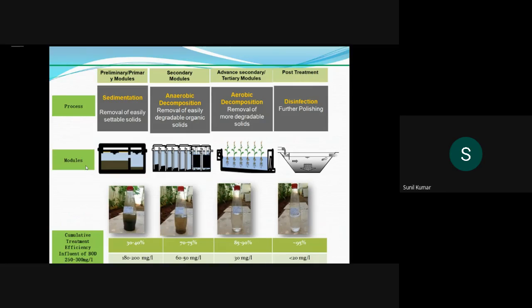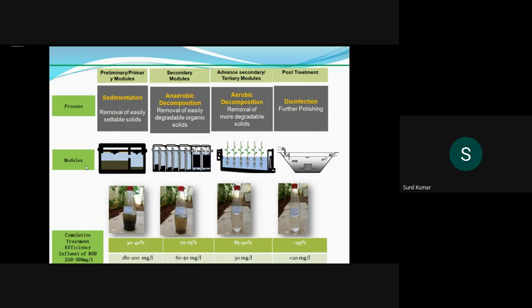Now, this is just a pictorial diagram to show. There will be sedimentation, thereby BOD will be removed up to 30 to 40%, and solids will also be removed. Then it goes to the anaerobic zone, then the aerobic zone, and further, based on the type of disinfection, either natural disinfection or sometimes we need to add an external disinfectant.